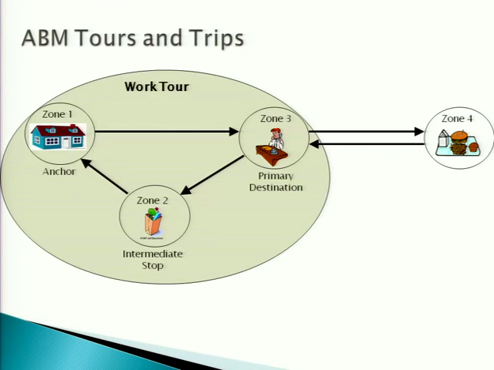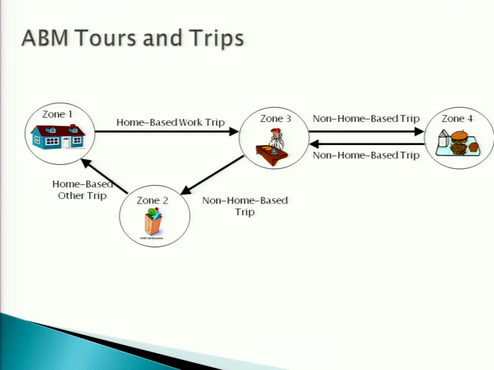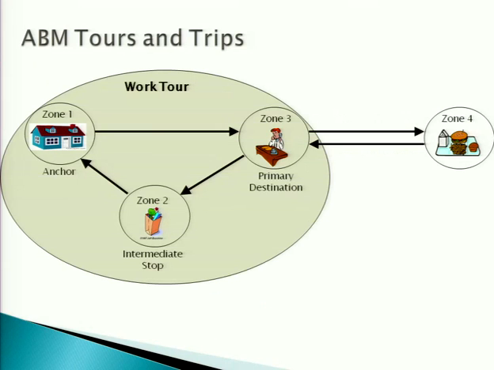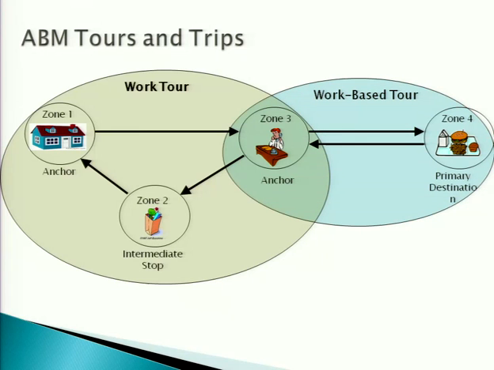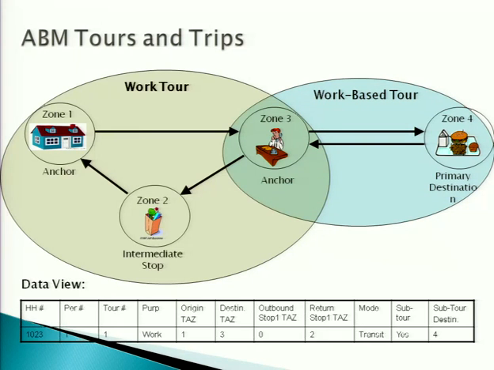And talking about trips and tours, the trip-based model had all these different types of trips. In an activity-based model, we're going to generate this work tour, and then we're going to generate this work-based tour, and work with these units, and then fill in information along the way about the tour, the different pieces of the trips, but with knowledge about the whole tour, much more intelligent.